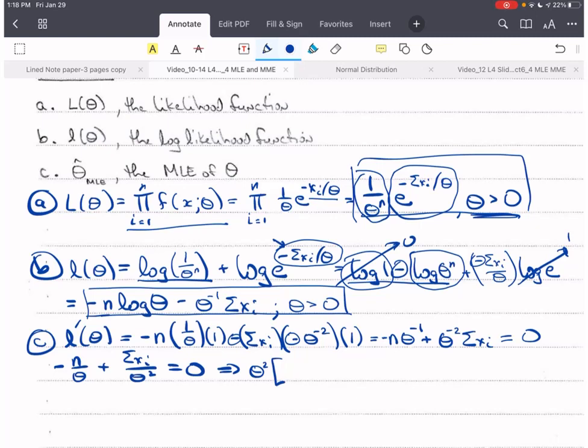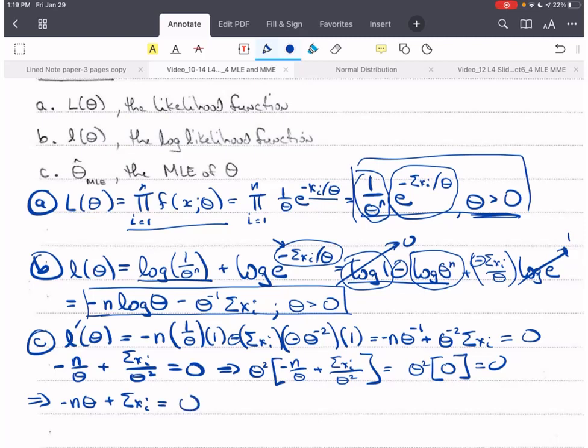So negative n over theta plus sum of xi over theta squared equals theta squared times 0, which is still 0. So this gives me negative n theta plus sum of xi equals 0.